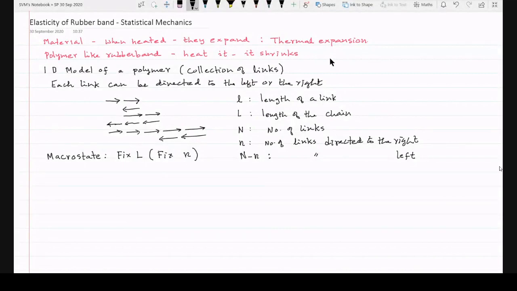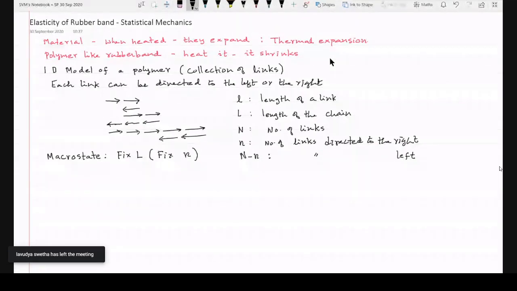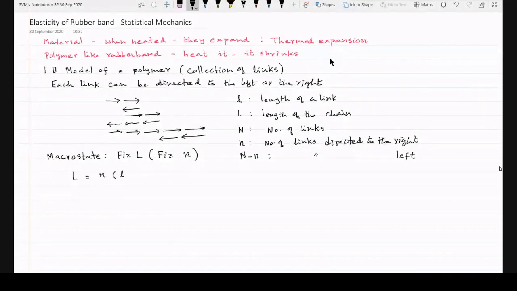But if you fix your small n, then L is fixed. This is easy to understand because the total length is n multiplied by l, because these many are to the right, plus N minus n multiplied by minus l. These are links directed to the left.